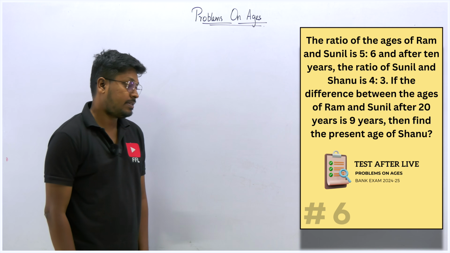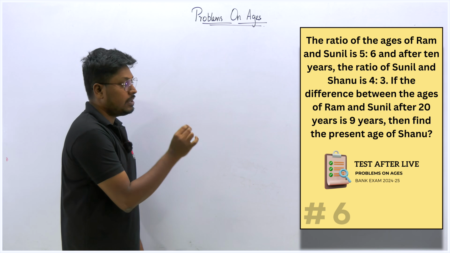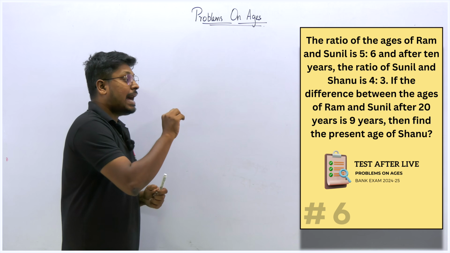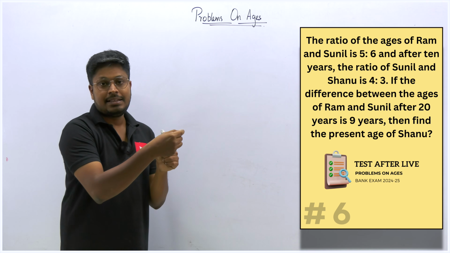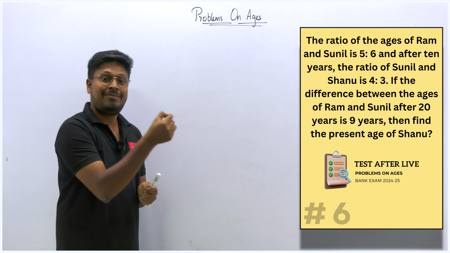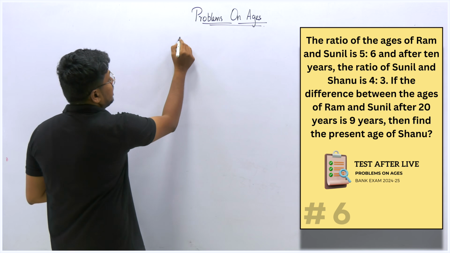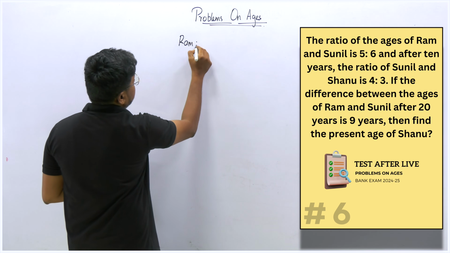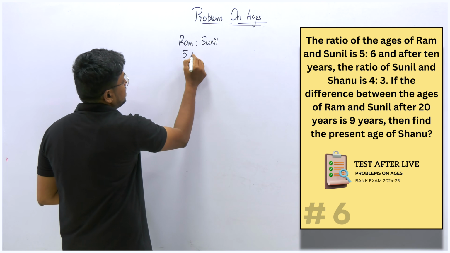Question number 6. The ratio of ages of Ram and Sunil is 5:6, and after 10 years, which means they have given that word after 10 years. That means the ratio they have given for Ram and Sunil will be the present age. So the present ages of both persons, Ram and Sunil, are in the ratio 5:6.